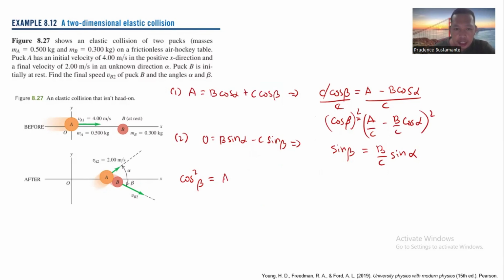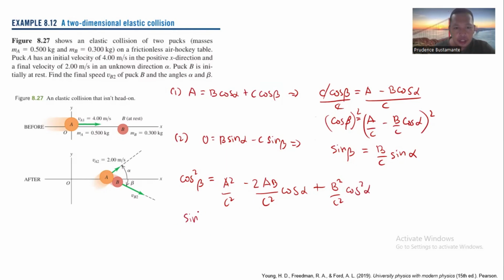So cosine squared beta is just A over C squared minus 2AB over C squared cosine alpha plus B squared over C squared cosine squared alpha.